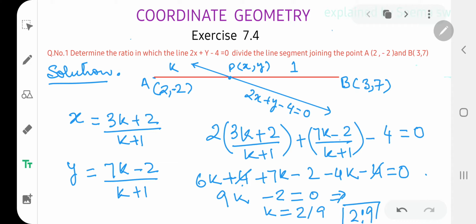Now y is equal to, similarly by applying the section formula you will find the value of y. So y is equal to k into 7 plus 1 multiplied by minus 2, so you will get minus 2, and this is divided by k plus 1.